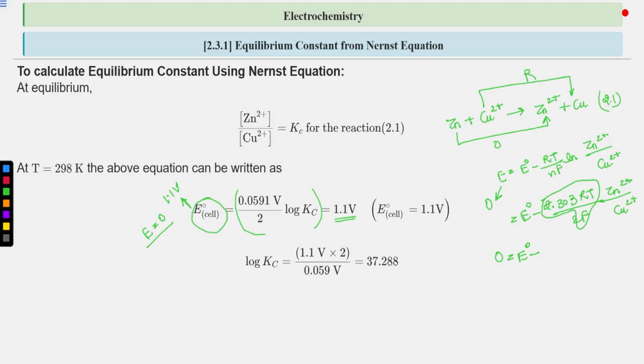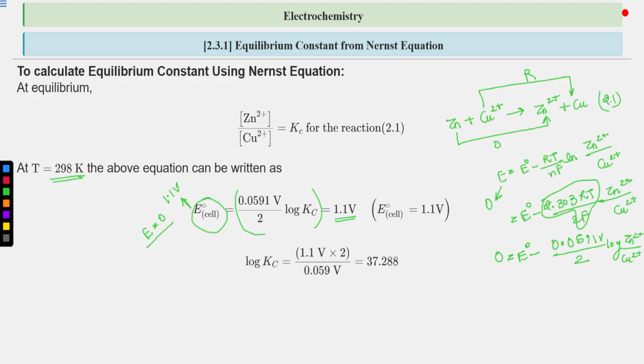You have 2.303 multiplied by R, the gas constant, multiplied by T, which we take as 298 Kelvin, divided by the Faraday constant, which you can take as 96500. When you solve this fraction, it becomes 0.0591 volt divided by 2, and here comes log zinc 2 plus upon copper 2 plus.